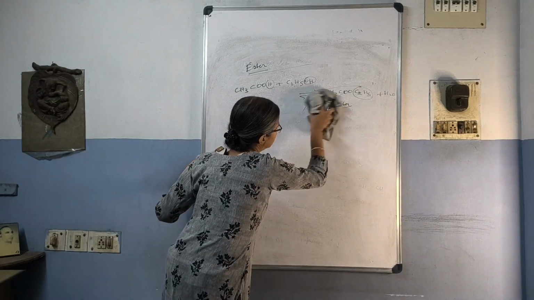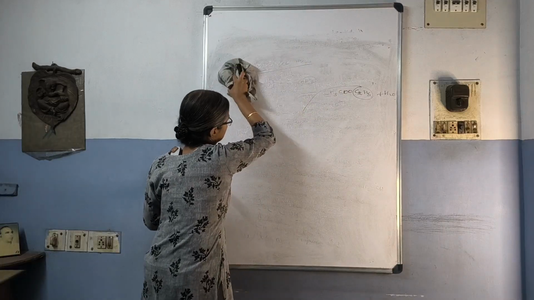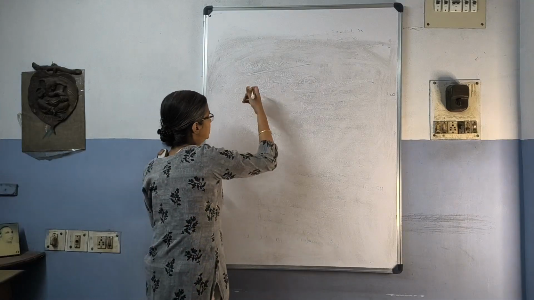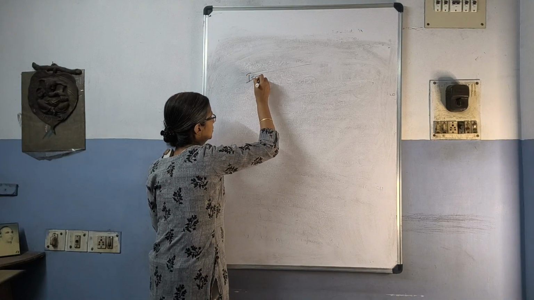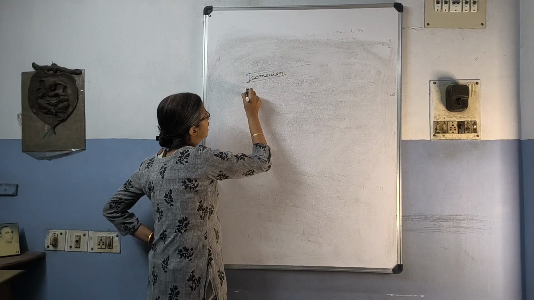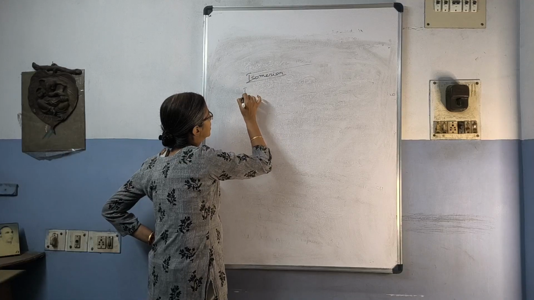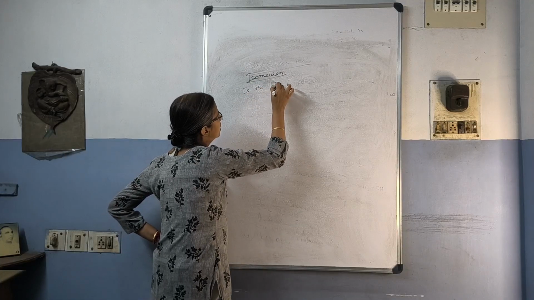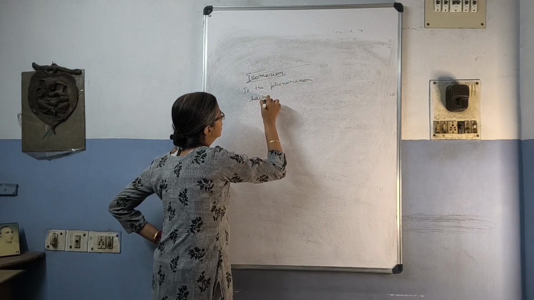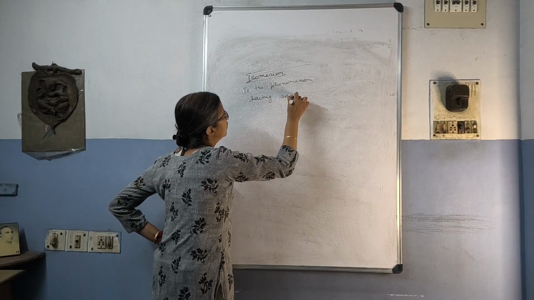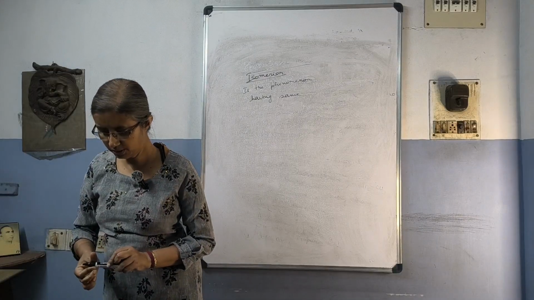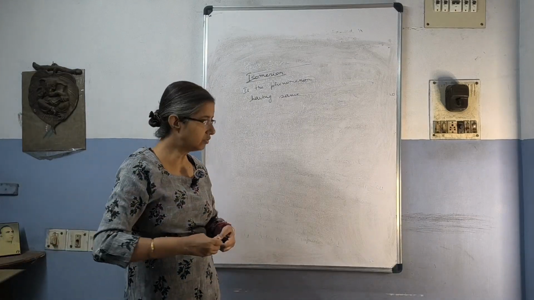Now let us do isomerism. What is isomerism? It is the phenomenon of having the same molecular formula but different structural formulas. Same molecular formula and different structural formulas.